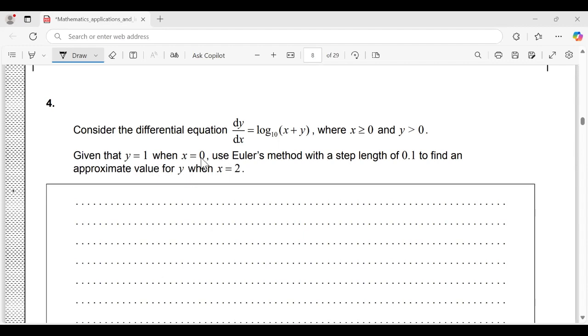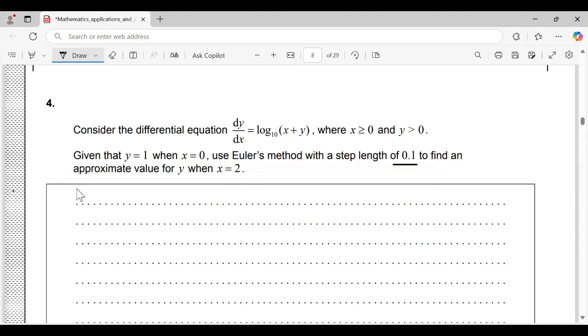Use Euler's method with a step length of 0.1 to find an approximate value for y when x equals 2. Right? So when x equals 0, y equals 1. Okay, we're going to start from this information.